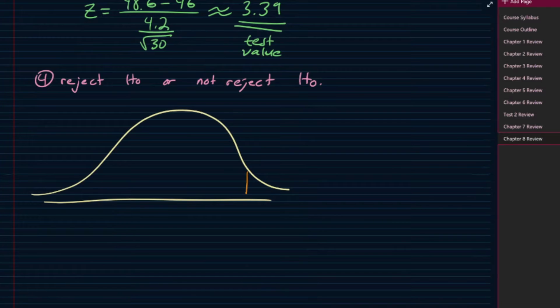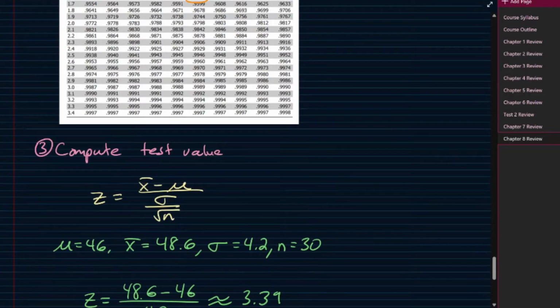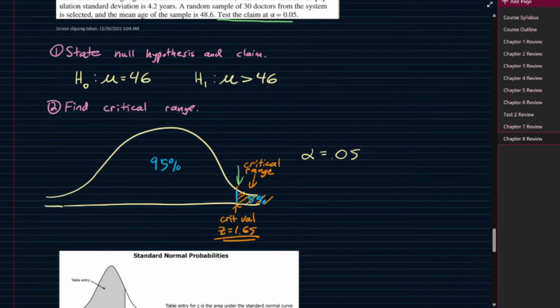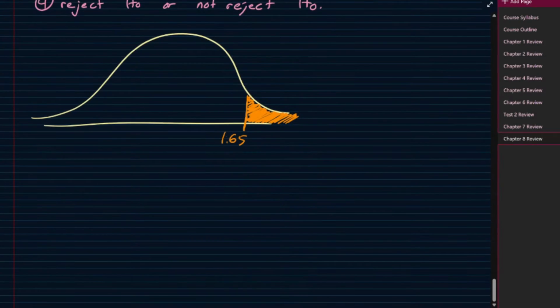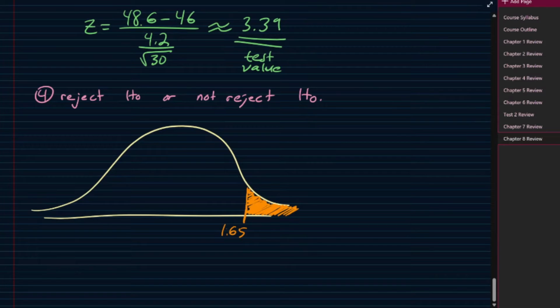Our critical range is anything to the right of 1.65. Right? We found that in step 2. That was our z-score. 1.65 is that dividing point right there, essentially. And our test value, that's 3.39.